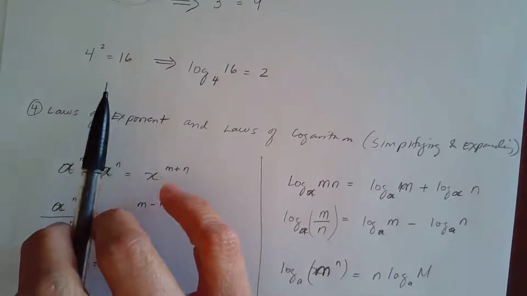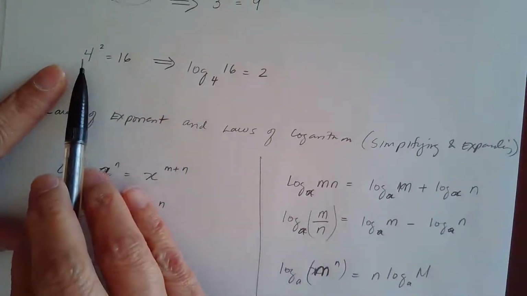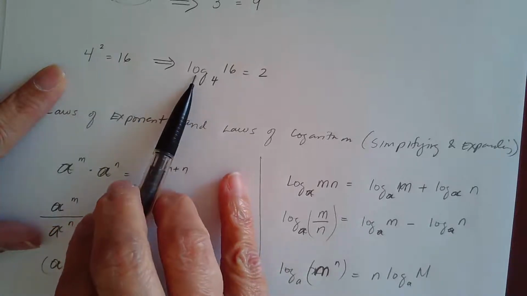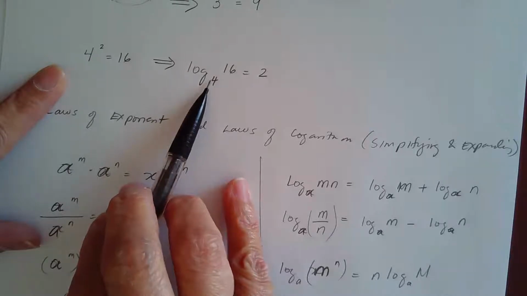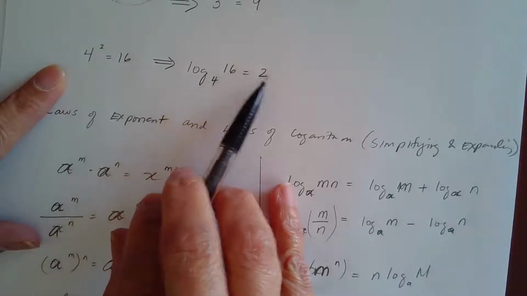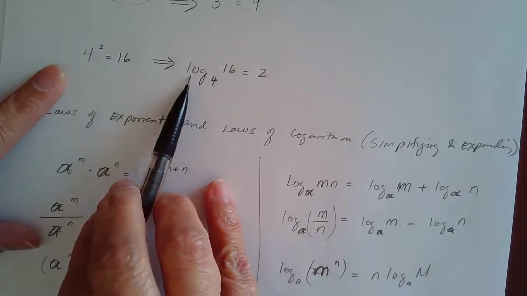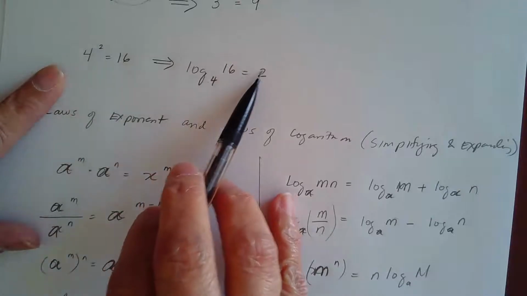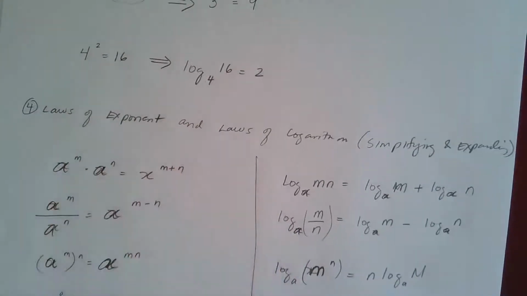What if we go the other way around, from exponential form to logarithm? So that means this is the base 4. So that means log base 4 of 16 is equal to 2. Because remember, logarithm is figuring out what the exponent is. So figuring out the 2. So we did some examples of that.